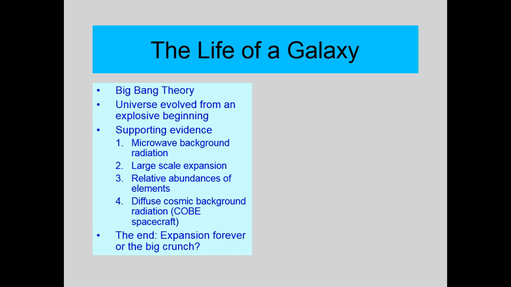And he documented redshift. Every galaxy that we look at seems to be on the red end of things. So it must be moving away. Large scale expansion. Everything's moving away in every direction. Okay, it's amazing.